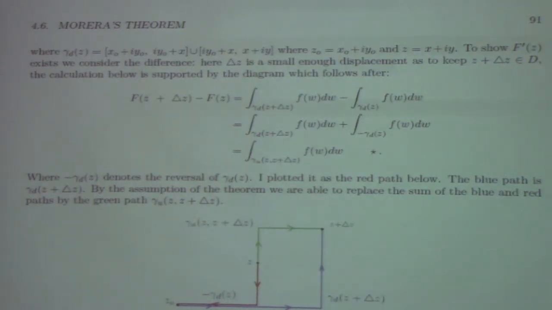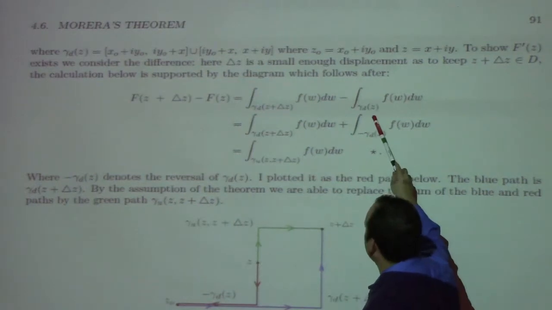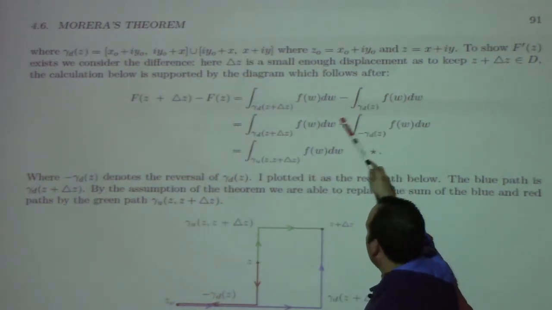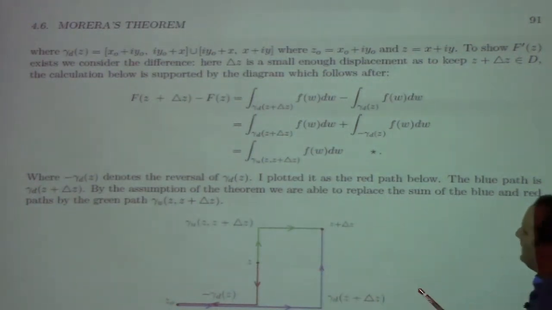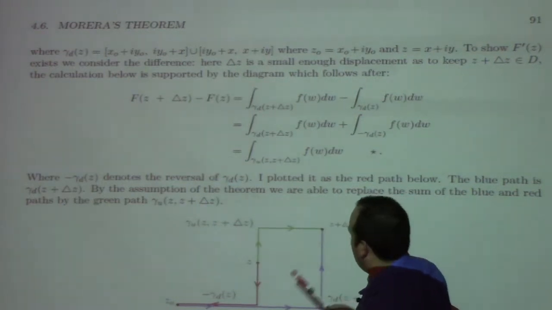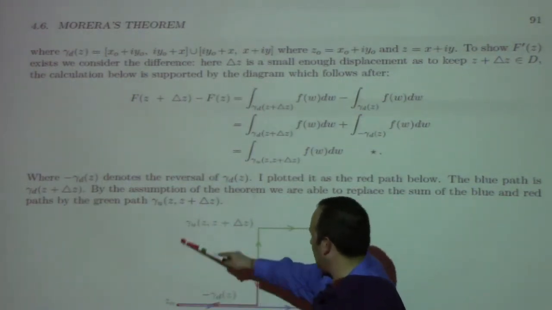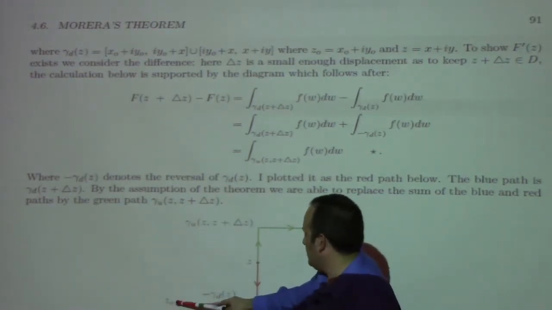And so f of z plus delta z minus f of z would be the path to z plus delta z minus the path to z. Both of these paths are anchored at z naught, right? So I guess there would be a bigger rectangle you'd think about.